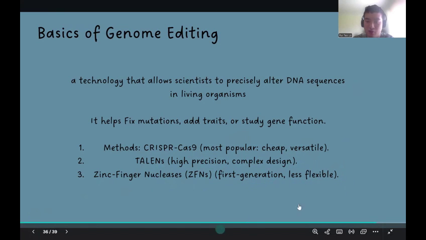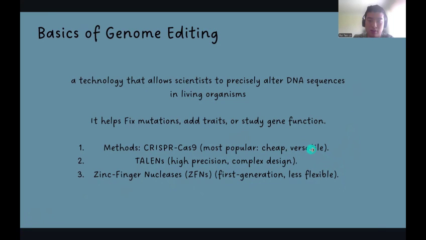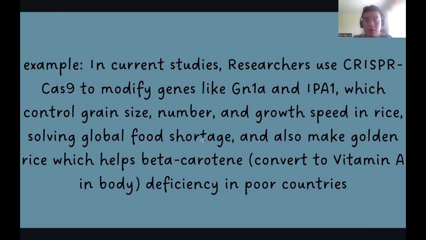So these are the older methods, which might still be used, and CRISPR-Cas9 is the most commonly used and newest technology. For example, in current studies, researchers use CRISPR-Cas9 to modify genes like GN1A and IPA1, which control grain size, number, and growth speed in rice, helping solve global food shortage.